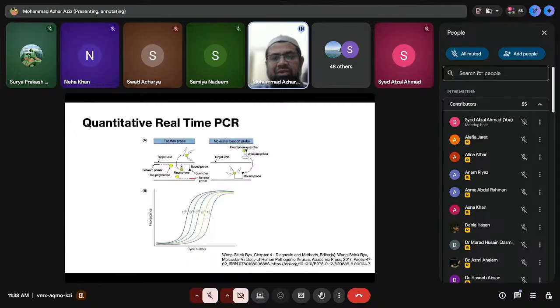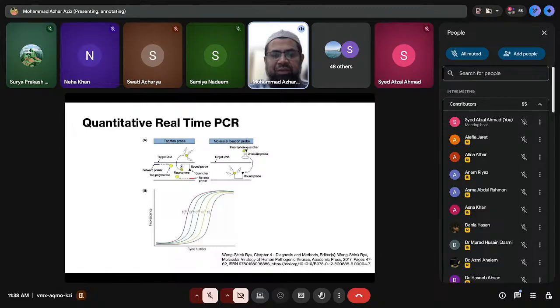So here I will introduce, for some early learners, the technique that we used for doing the validation. I missed that yesterday. Quantitative real-time PCR gives you an idea about the copy number of mRNAs present in the sample.